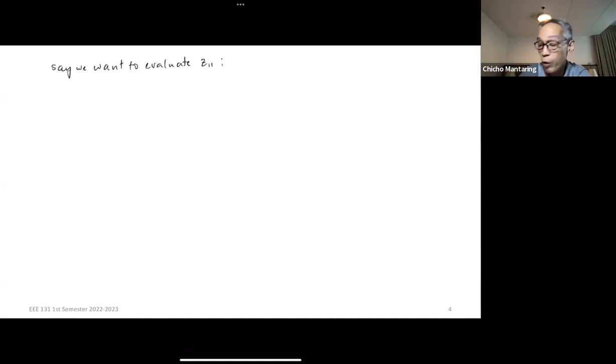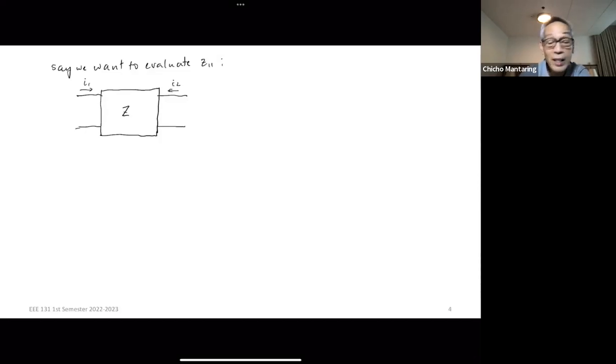I want to evaluate Z11. The way I do it is this. So let's say this is my network. Just to show that they're characterized by the Z parameters, I just put a Z here. So this is I1 and this is I2.